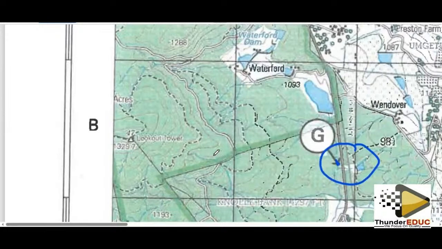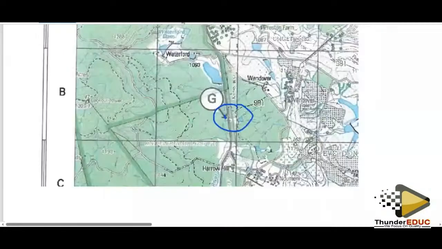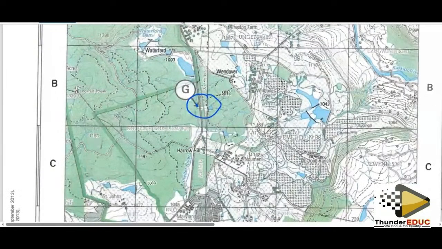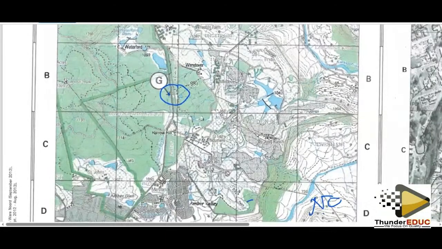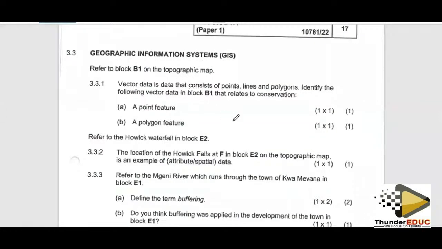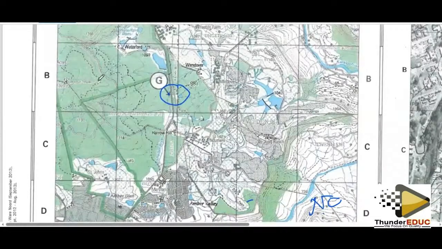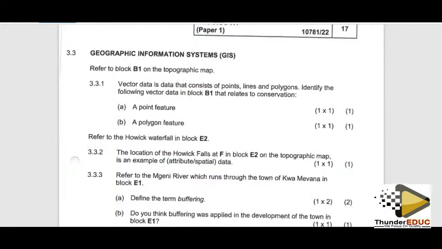Yeah, based on our map here, I think because of the resolution, you can't easily see the lookout, identify a point feature there. But let's try a polygon. So polygon that could be woodland. See, full of woodland, that is in block B1, which is woodland.